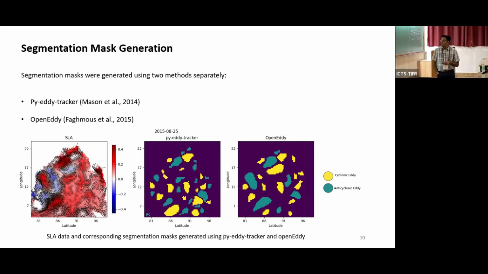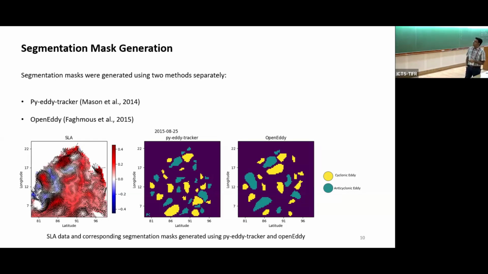So we have to generate a mask in such a way that wherever we have a cyclonic eddy, let's say it's 1. Wherever we have an anticyclonic eddy, let's call it 0. And other than those two, we have the background. So there are 3 features present in this picture: cyclonic, anticyclonic, and background.